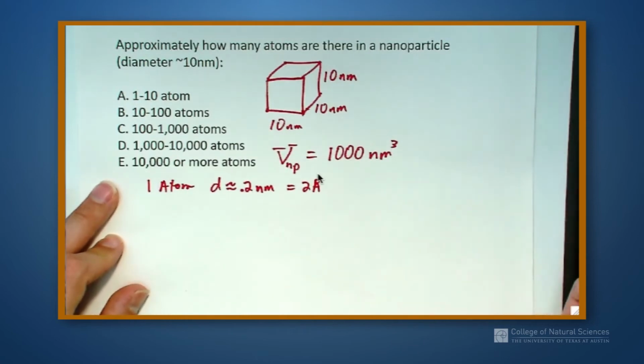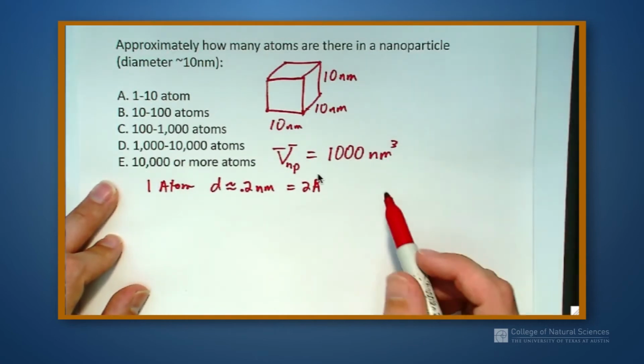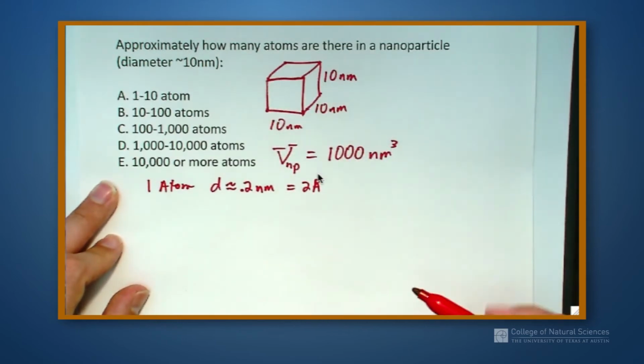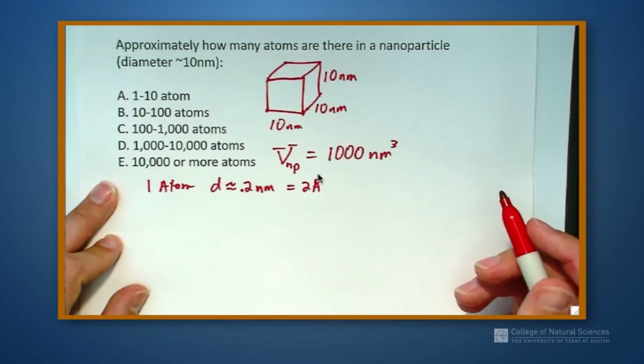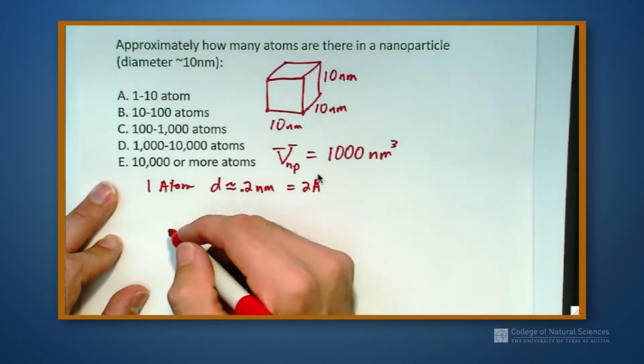I'm going to go through and figure this out. So I need to figure out how many atoms I can pack into this little cube. If I were to pack all these atoms in, how much volume does one atom take?